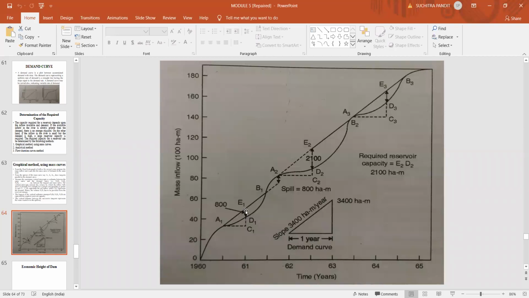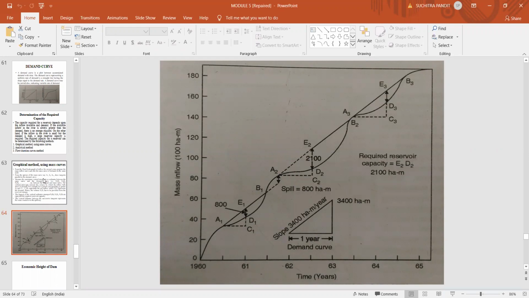These are the vertical intercepts, that is E1, D1, E2, D2, E3, D3. You have to look for which one has the greater vertical intercept. In this graph, E2, D2 has the highest vertical ordinate, about 2,100 hectare meter. By this we can fix the storage capacity of the reservoir based on the demand curve.